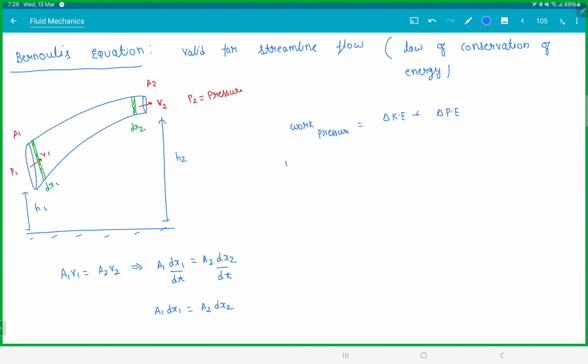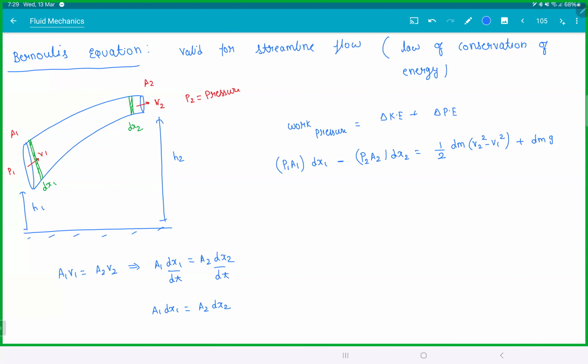The force on the left-hand side is P1 A1 into displacement dx1. On the right-hand side, force is P2 A2 into dx2, that is the displacement. The change in kinetic energy will be half dm (v2 square minus v1 square) plus dm g (h2 minus h1).